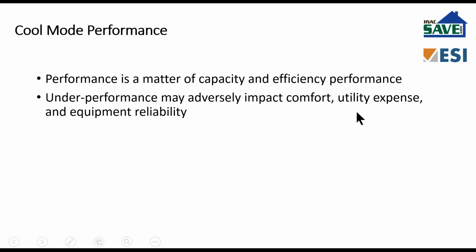That will mean that the equipment needs to run more often to satisfy the load and therefore consume more electricity. And it also may affect the reliability of the equipment, particularly the blower in the outdoor unit.